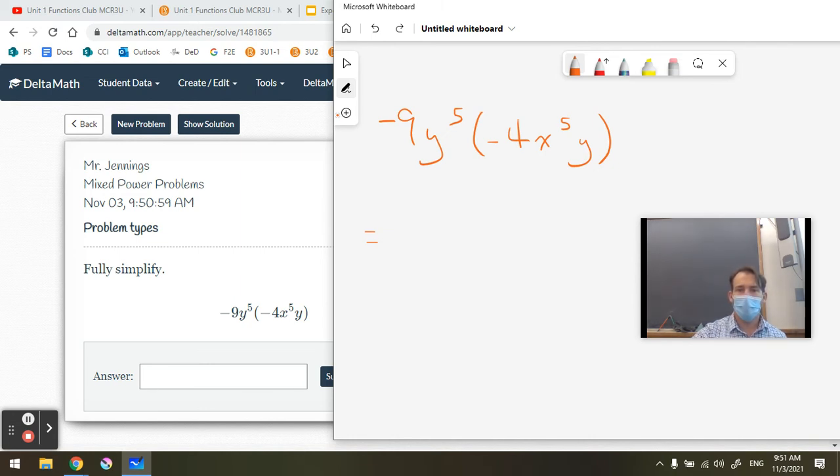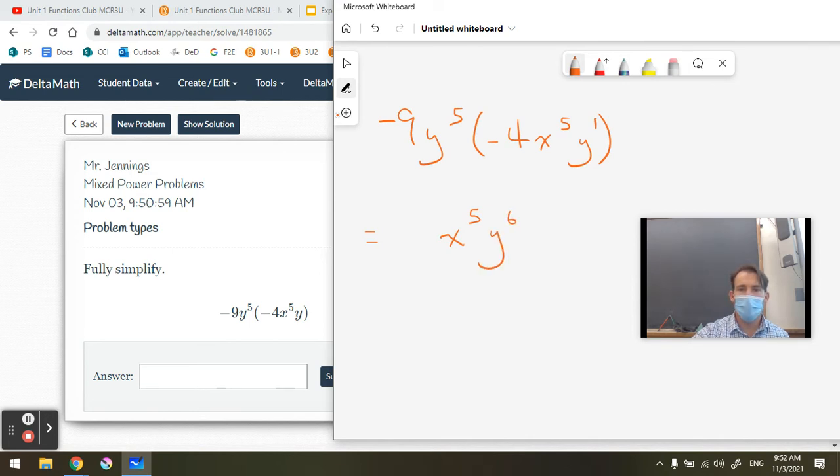So, first of all, what's going to be my x to the power in the final answer? Yeah, x to the 5. Just shout it out at me. How about my y to the power? 6, because this is y to the 1, and I'm multiplying y to the 1 times y to the 5, which gives me y to the 6.